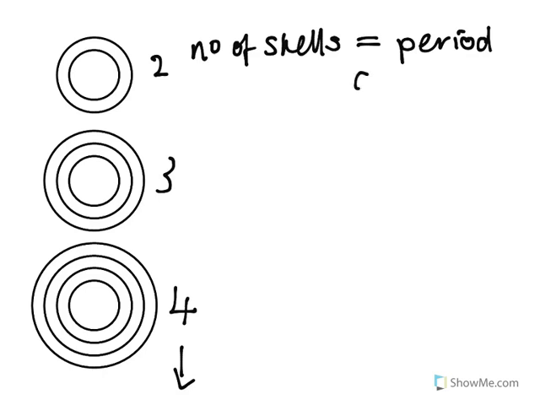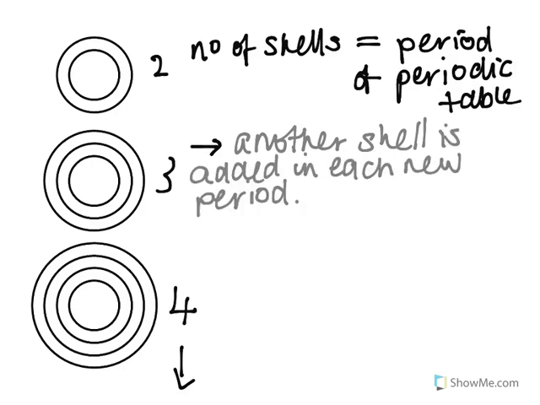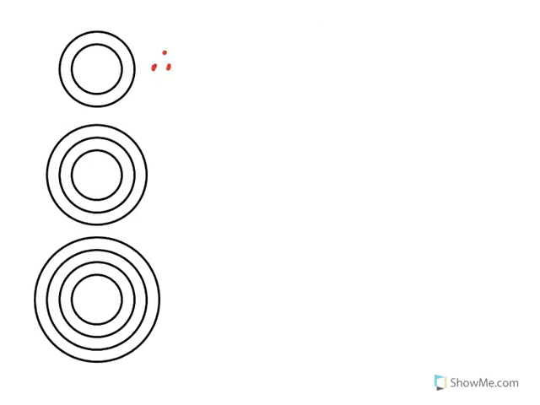If it's in the third period of the periodic table, it will have 3 shells, and the fourth period 4 shells, and so on. And we can see that each time we go down, another shell is added in each new period, showing that effectively the atoms get larger as you go down the group.